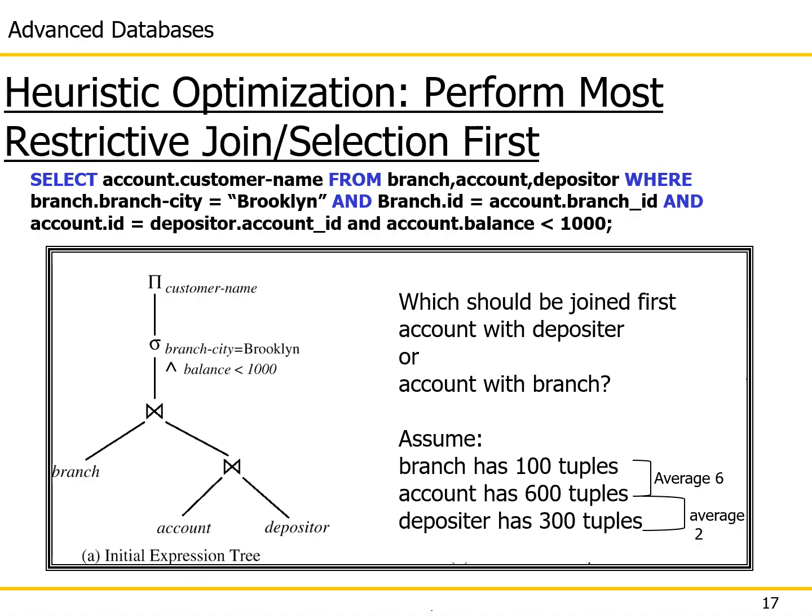Similarly, when I join account and depositor, I should get 2 rows. The calculation here is simple, and it's not really maintaining any statistics about the data. It is just, again, using the number of rows in the table. Now, the big question here is, is this a valid approach? And let me move to the next slide to show you that there is another scenario that we're not considering here.